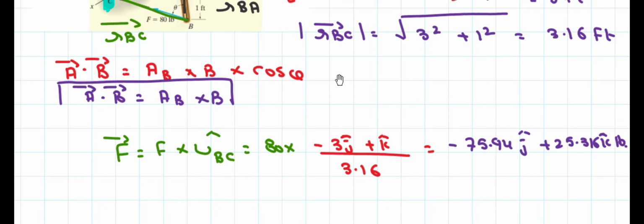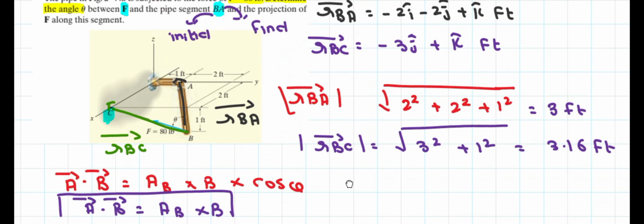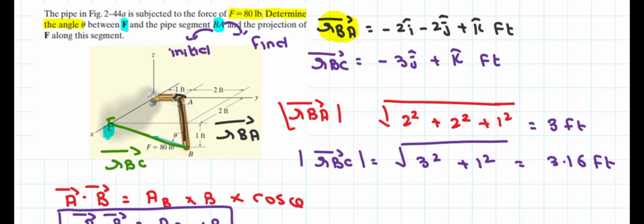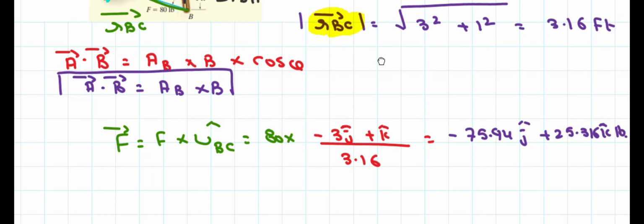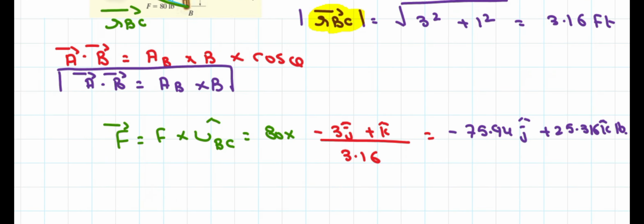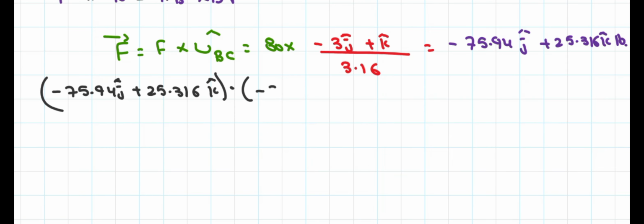So A is basically our force F, and B is our RBA. And FBA is what we are going to find, and RBA is basically the magnitude of our B vector. So putting all the values into this expression, it becomes negative 75.94 j with positive 25.316 k cap dot negative 2i with negative 2j with positive k equals FBA times the RBA vector magnitude, which is 3.